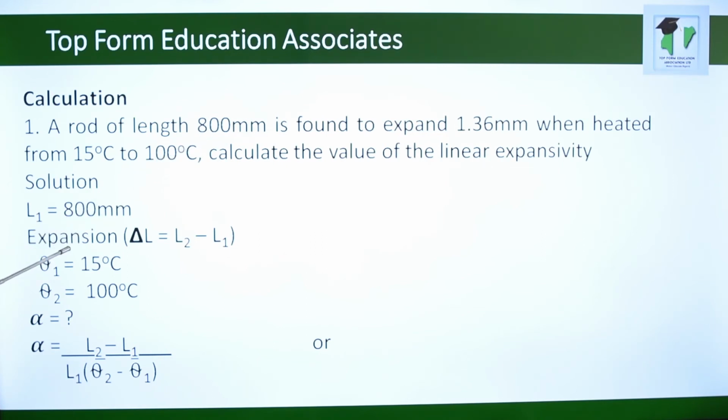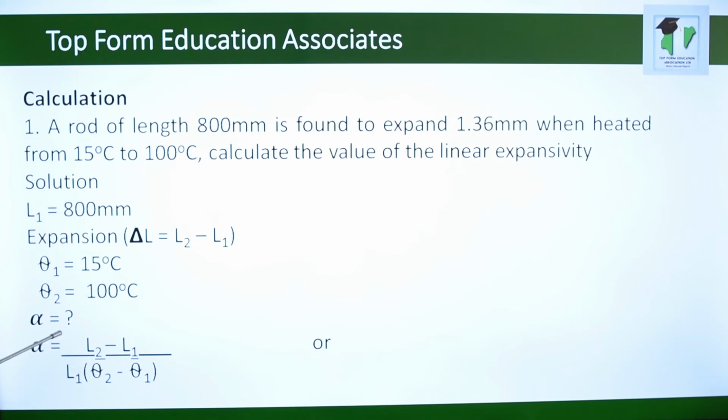Now it expanded by 1.36 millimeters. When heated, the initial temperature is 15 degrees Celsius and the final temperature, theta 2, is 100 degrees Celsius. Now you have to calculate the value of the linear expansivity.